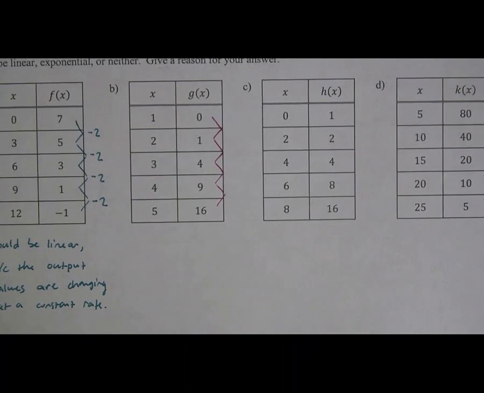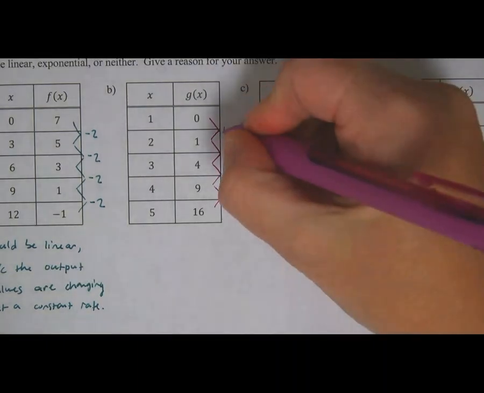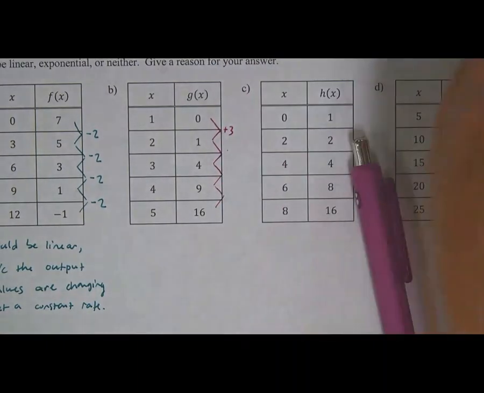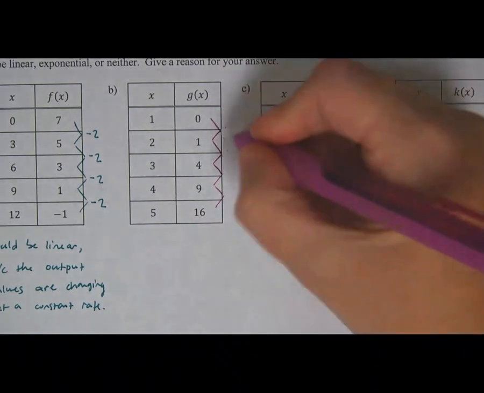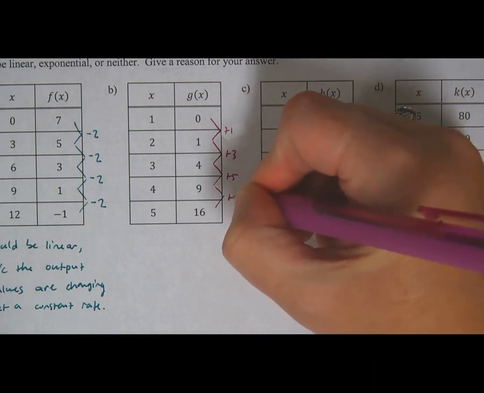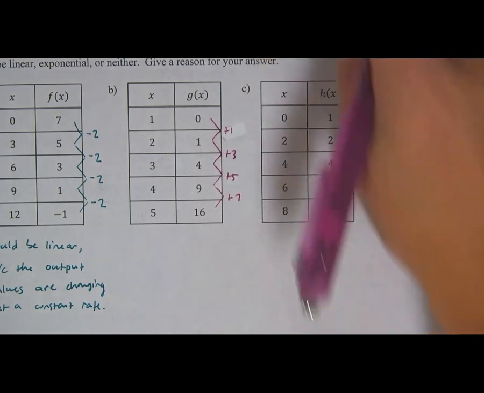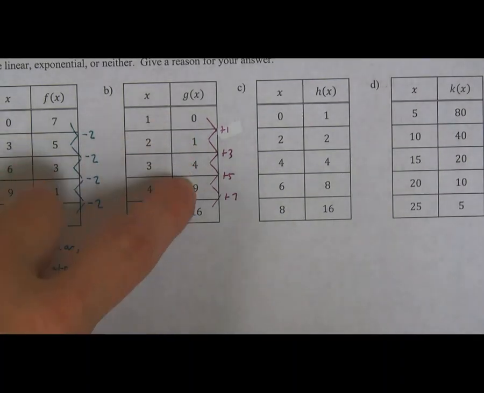Well, if I start with just addition, adding 1, adding 3, okay, I'm going to go ahead and just write my thoughts. Adding 1, adding 3, adding 5, adding 7. Is that linear? Mm-mm. Now, am I multiplying maybe by the same amount each time?